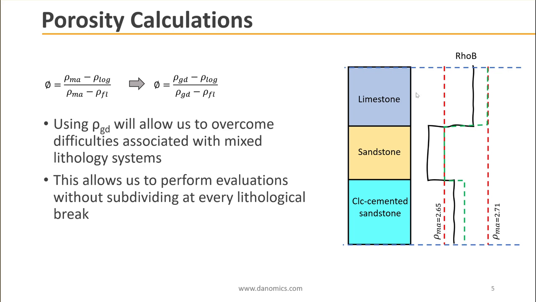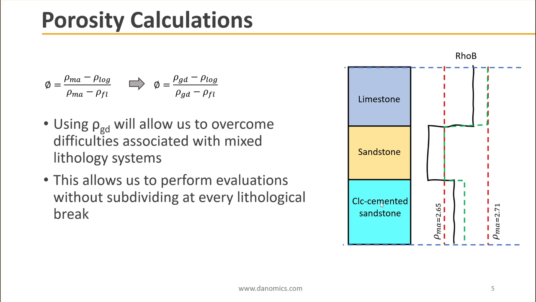So if you wanted to evaluate the limestone, you would use a matrix density of 2.71. Then your porosity would be correct for the limestone, but it would be incorrect for the sandstone and the calcite cemented sandstone. You would be overestimating those to variable degrees. If you set it at 2.65, you're going to be correct for the sandstone, but then you're going to underestimate your porosity to varying degrees in the calcite cemented sandstone and in the limestone.